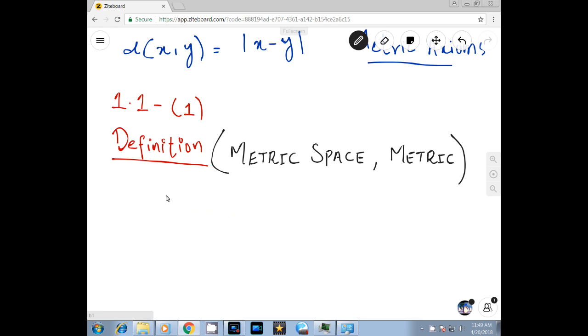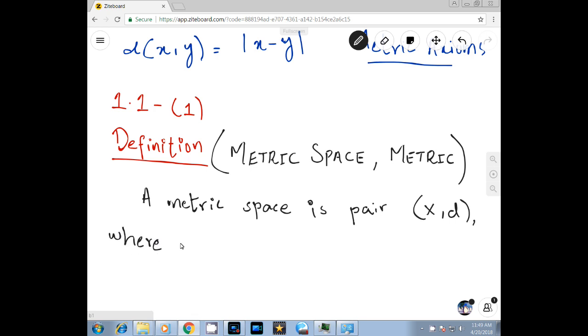A metric space is a pair, and this pair is X, D. And as we know that X is a space, and D is the distance function on X.